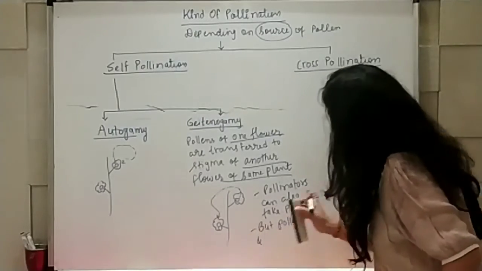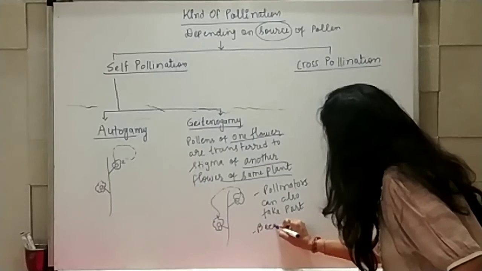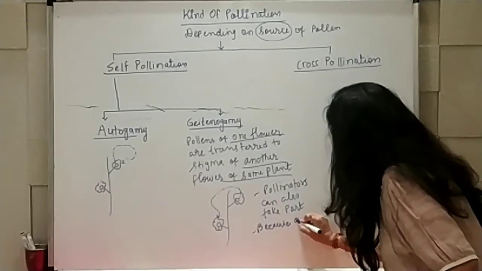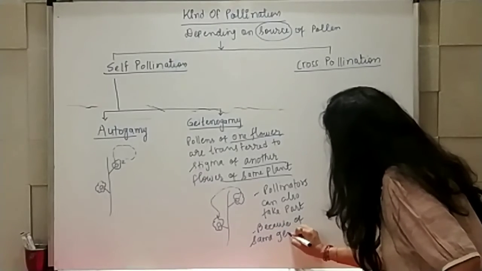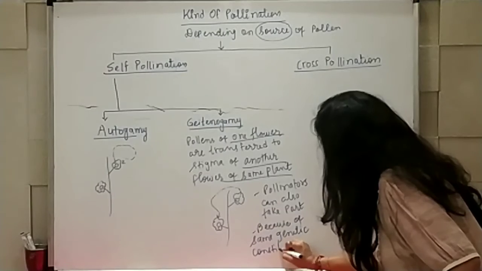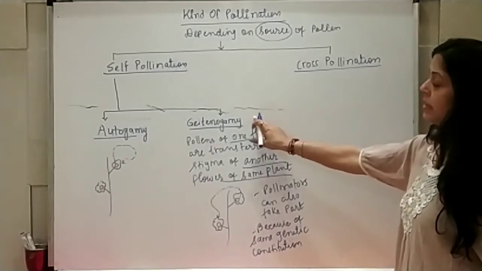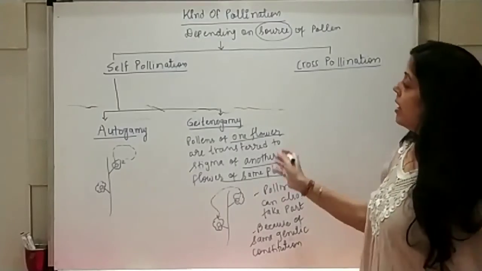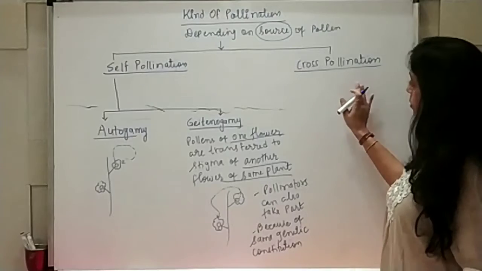So I can write here, because of the same genetic constitution, this will be considered as geitonogamy under the self-pollination process.